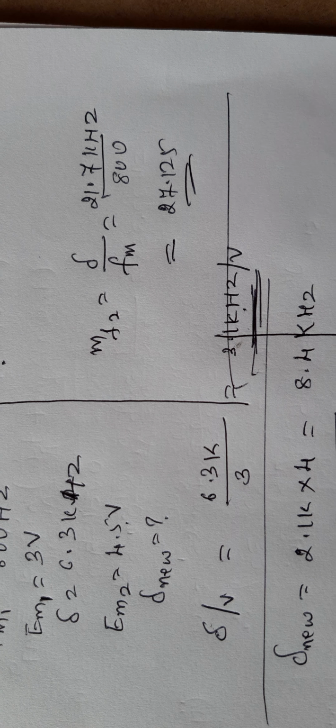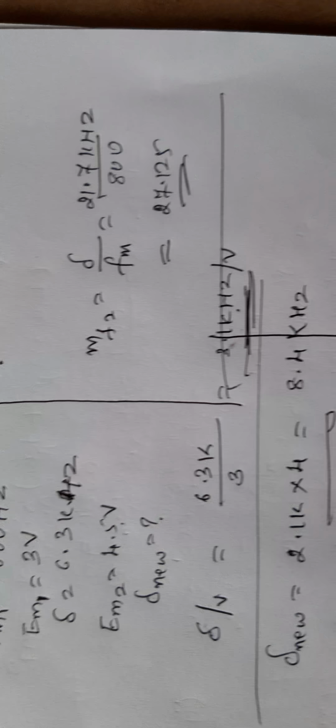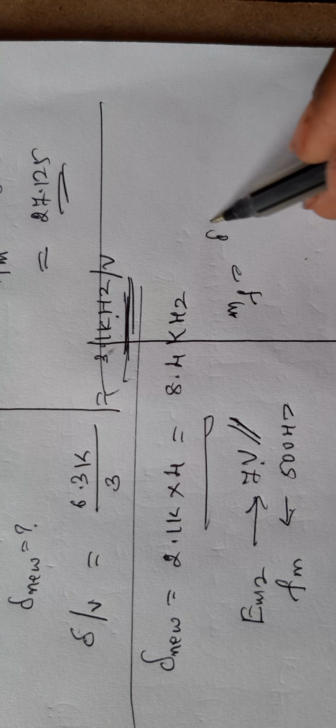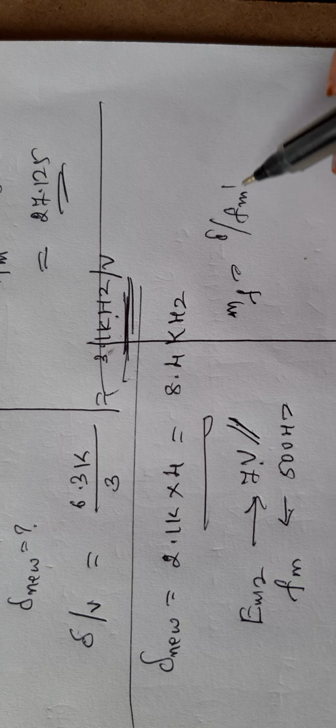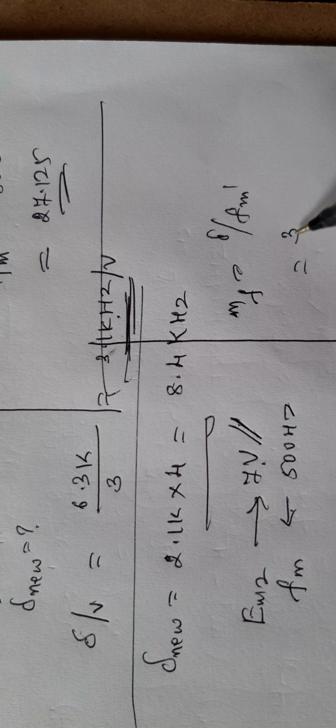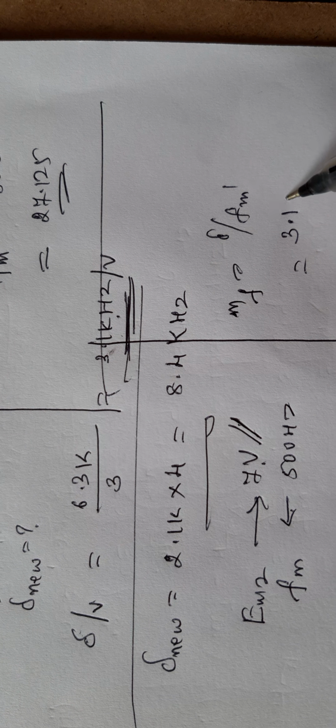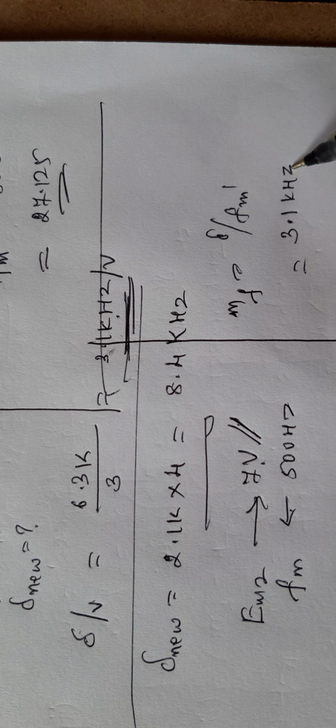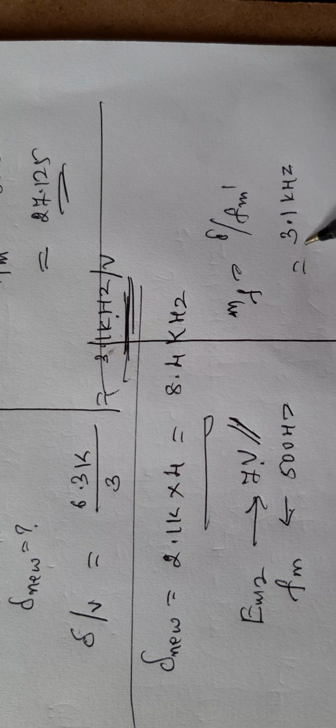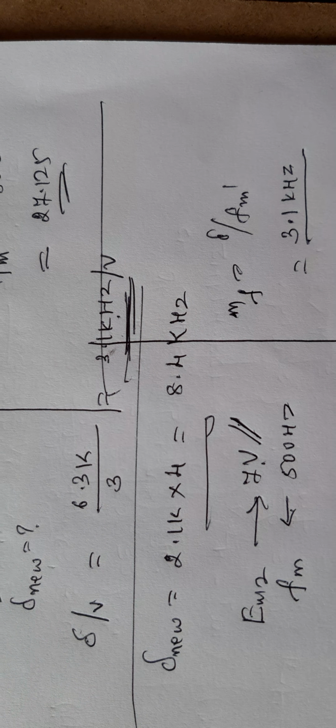Frequency changes. Therefore, for the third modulation index, MF is delta by FM dash. Delta is for unit deviation, deviation per unit volt, 3.1 kilohertz, divided by FM. Frequency is reduced.